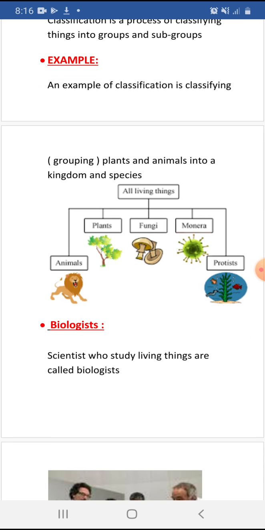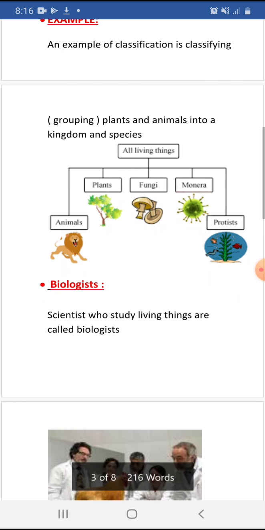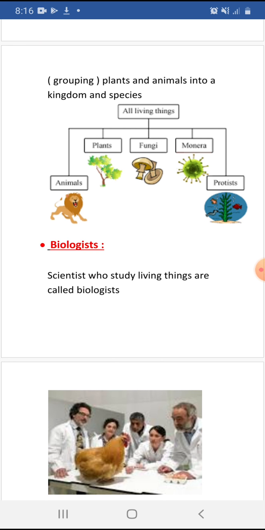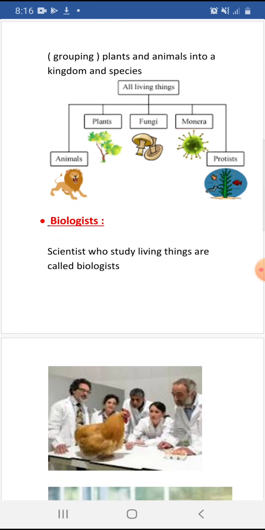Examples are given here, and these are the examples of the classification. Like we classify all the animals into a big, large group that is known as a kingdom. All the animals are grouped into a large group known as kingdom Animalia.